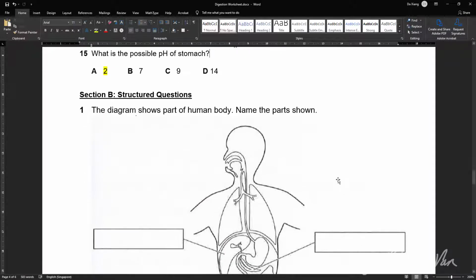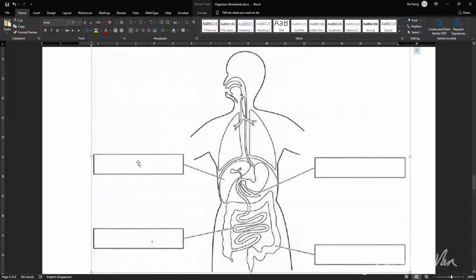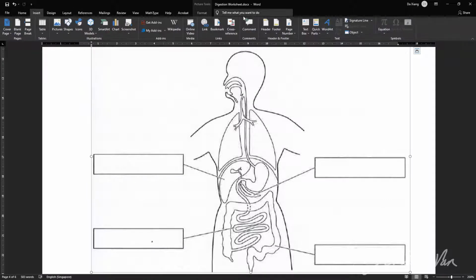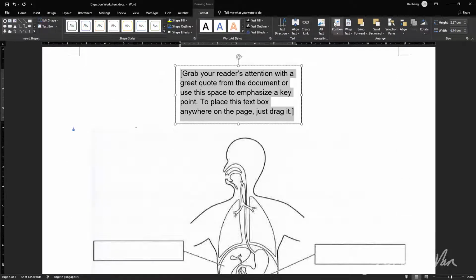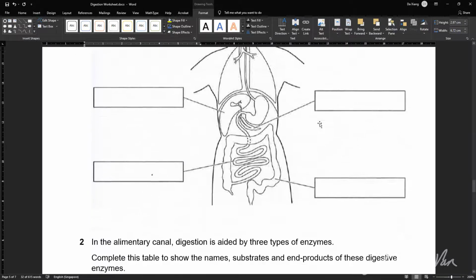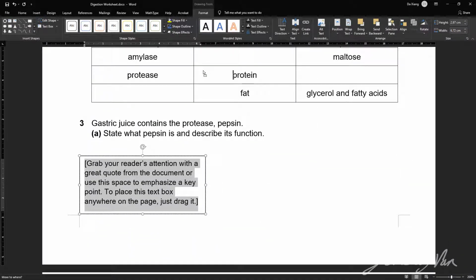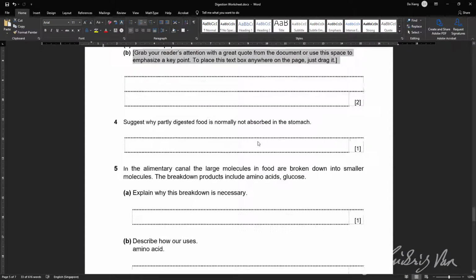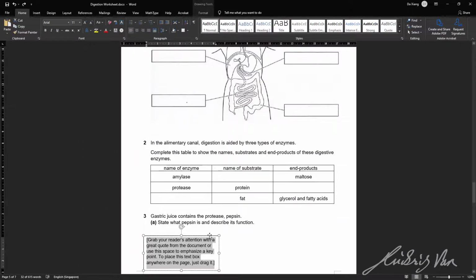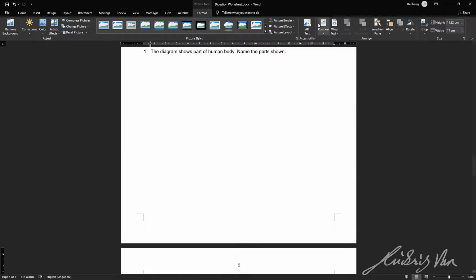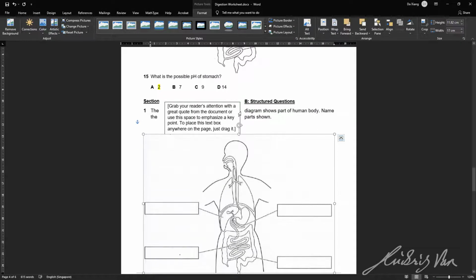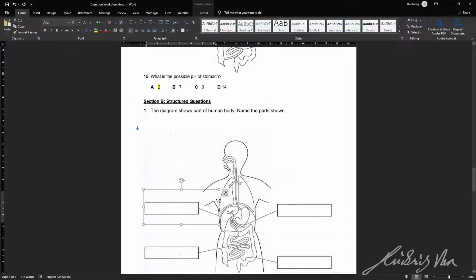Okay, finally we move on to the structured question. Diagram, name the part. So let me just insert a text box. Then I put it to the front.